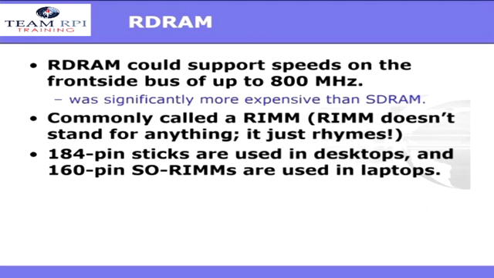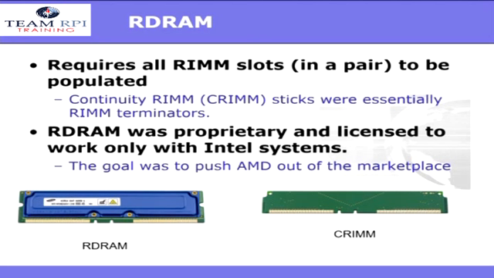You'll find RDRAM in 184 pin sticks, or 160 pin SORIMMs are used in laptops. So what's unique about RDRAM is it requires all RAM slots to be populated. That means you couldn't just install a single RDRAM by itself. It had to have even a blank pair. We call those CRIMMs. You see one of those at the bottom here.